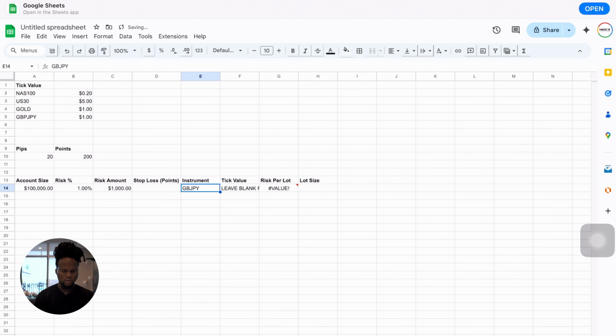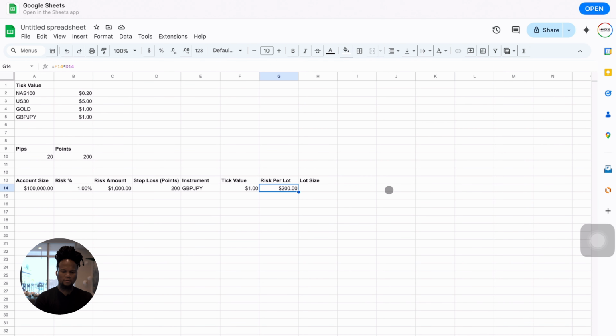So if it's 20 pips for GBP JPY, this is going to be 200 points, right? So 200 points is going to be $200, which is the risk per lot, or the risk per stop loss area, right? So it's going to be $200 for that 200 point area, right?